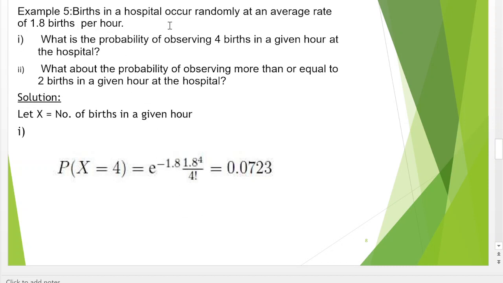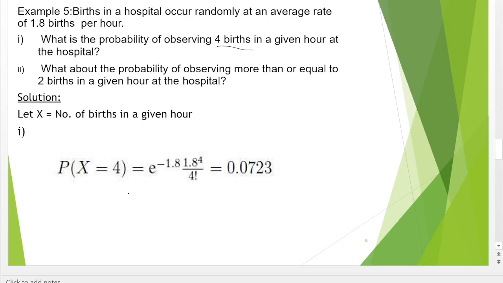Births in a hospital occur randomly at an average rate of 1.8 births per hour. What is the probability of observing 4 births in a given hour at the hospital? What about the probability of observing more than or equal to 2 births in a given hour? Let x be the number of births in a given hour. First we calculate observing 4 births.